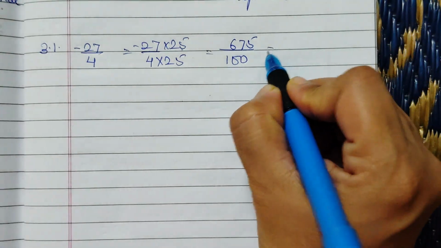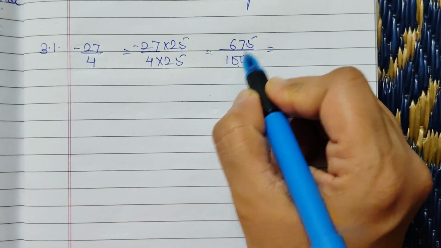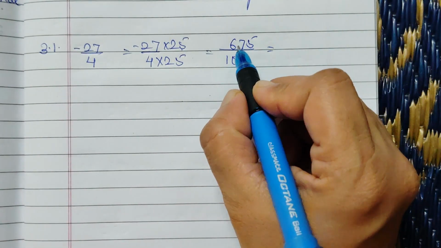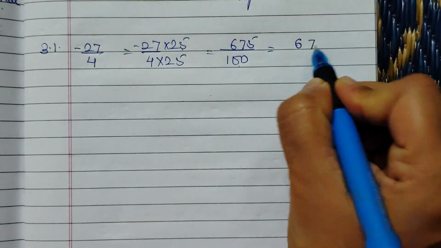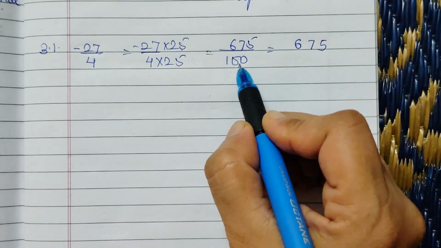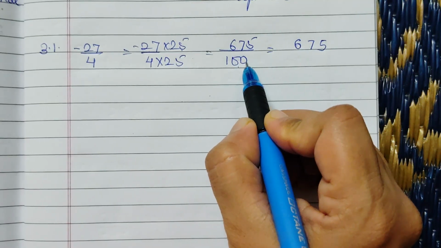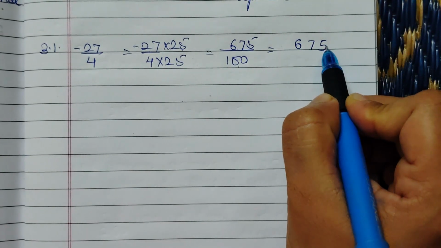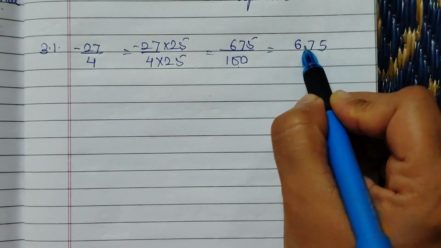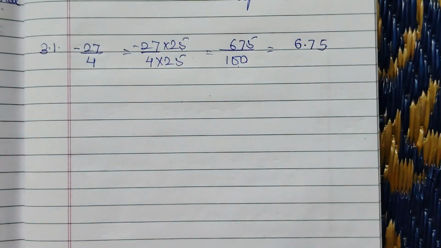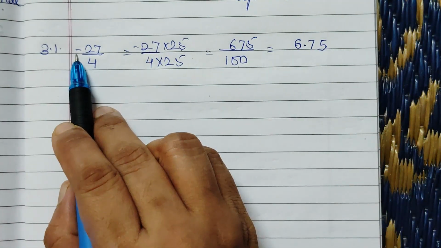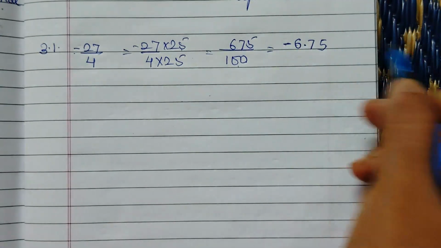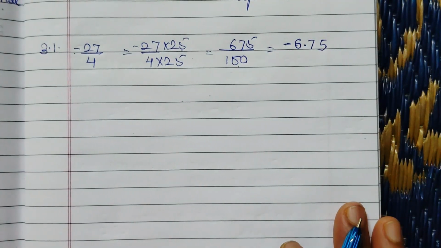Now 100 is there, so we give the point as per the number of zeros. I write the numerator 675, and down we have 2 zeros. So right from the units place I start counting: 1, 2. I give the point over here. So this is 6.75, and in the question it was a minus sign, so I write minus 6.75.